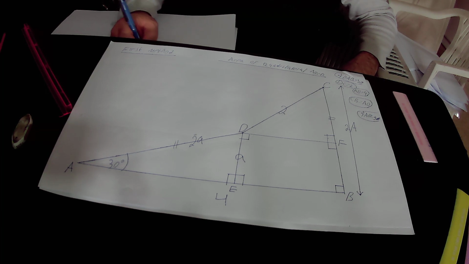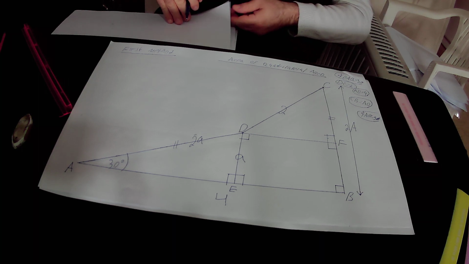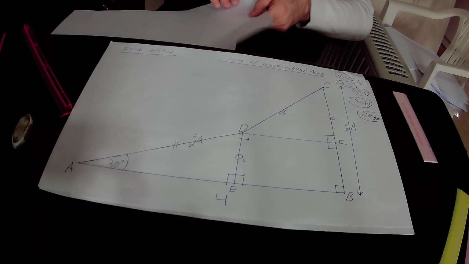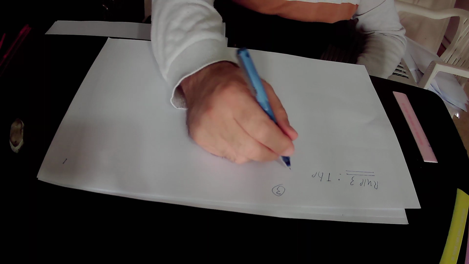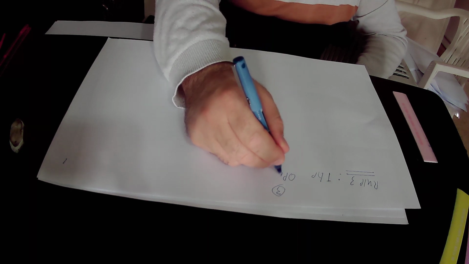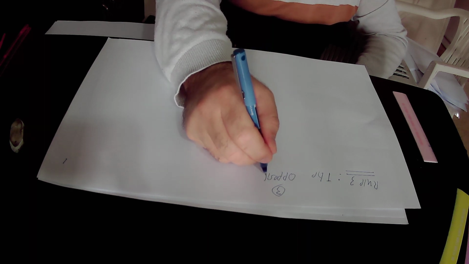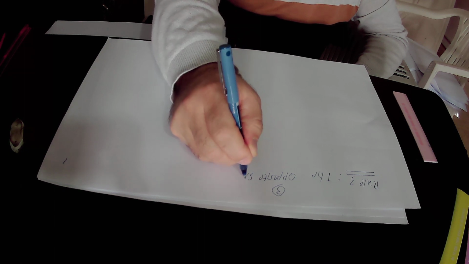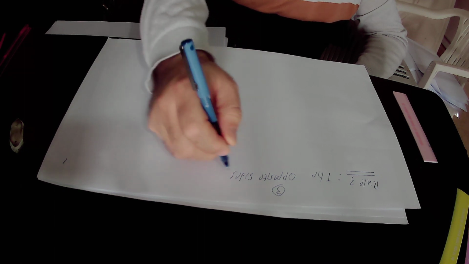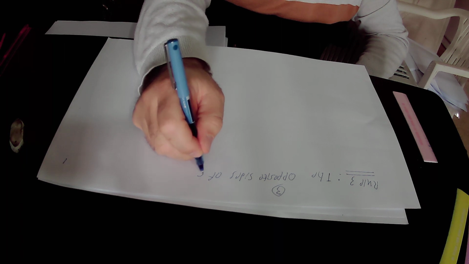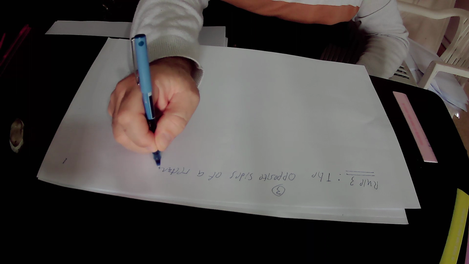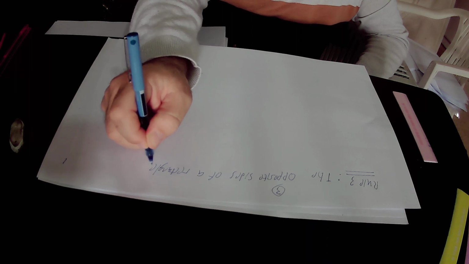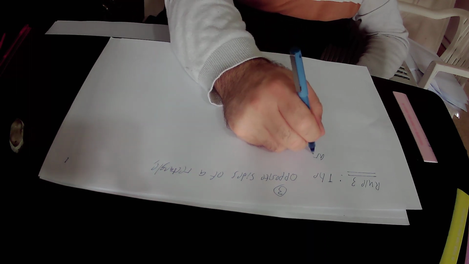The opposite sides of a rectangle are equal to each other.